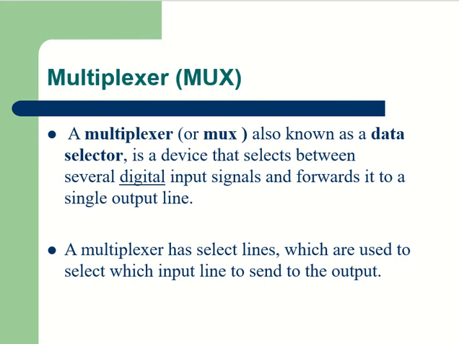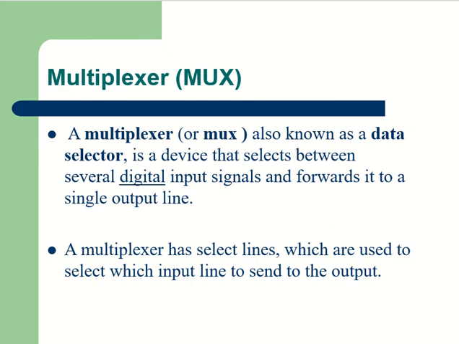So multiplexer has got select lines which are used to select which input line to send to the output. That is, using the select lines, one of the input lines will be connected to the output line.